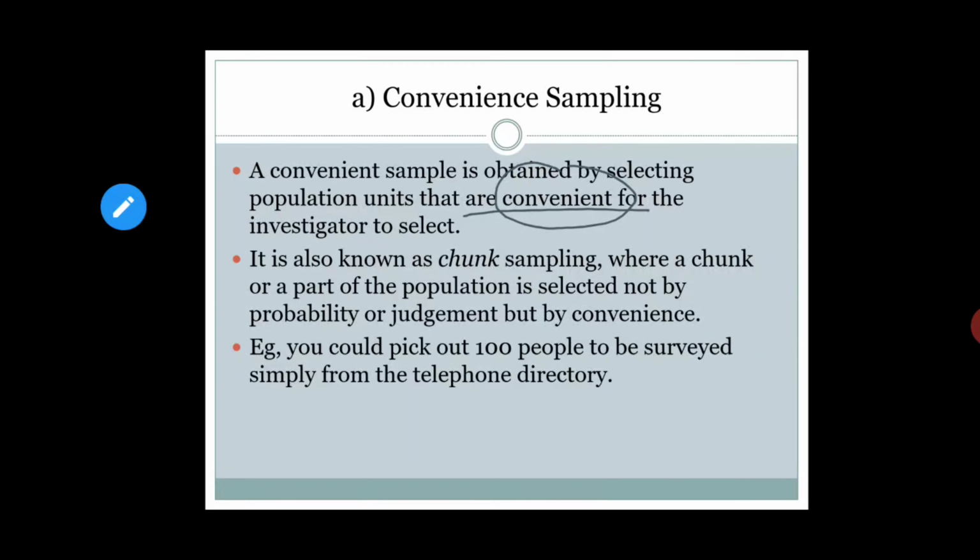It is also known as chunk sampling, where a chunk or a part of the population is selected not by probability or judgment but by convenience. So, convenience is all that matters to the researcher. Example, you could pick out 100 people to be surveyed simply from the telephone directory. Why? Because it's convenient to the researcher.